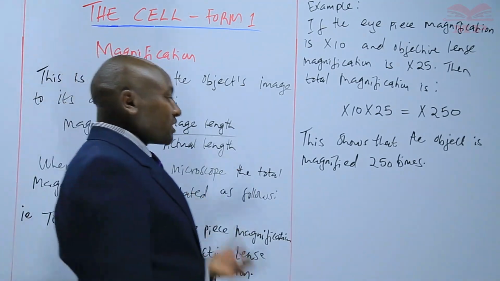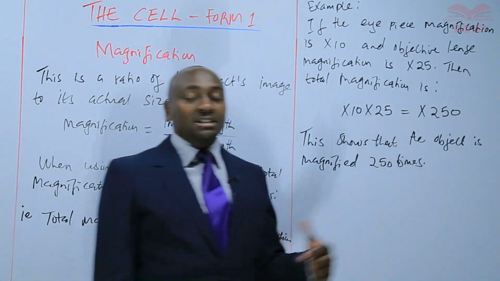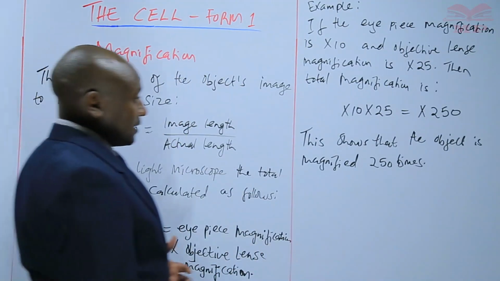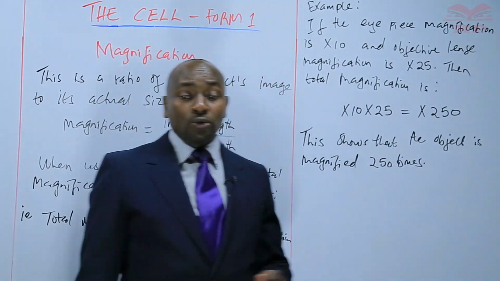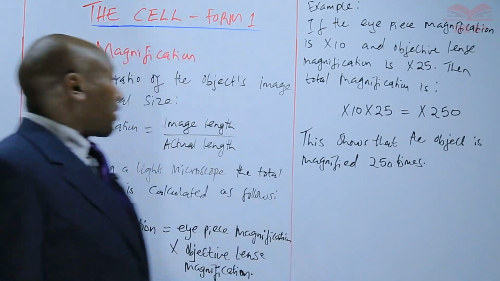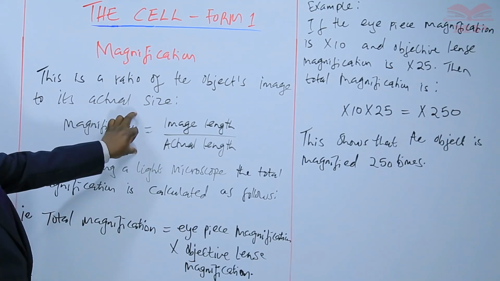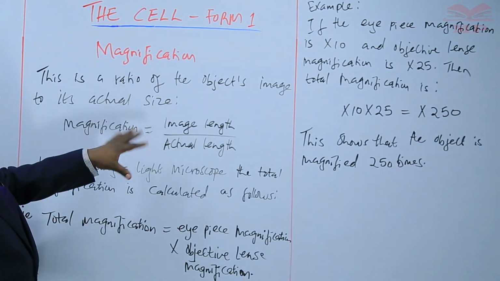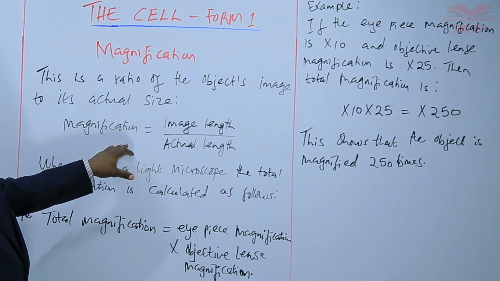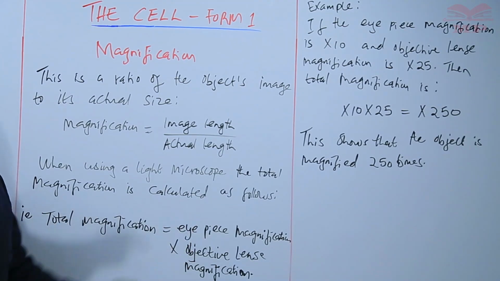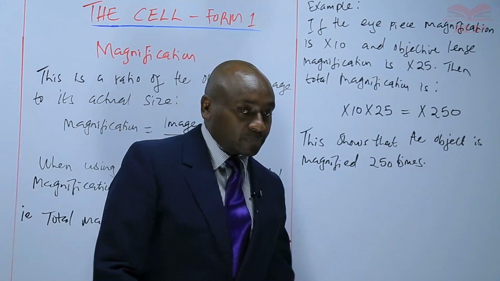It's the number of times an object has been enlarged or magnified. So that is about magnification. Now, what we started with was the general magnification without restricting ourselves to the light microscope. But when you're using the light microscope, this is the formula that we are supposed to use.